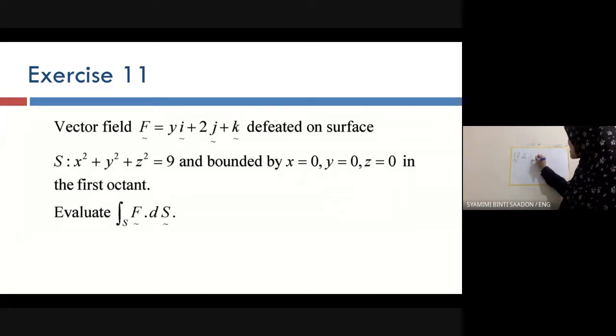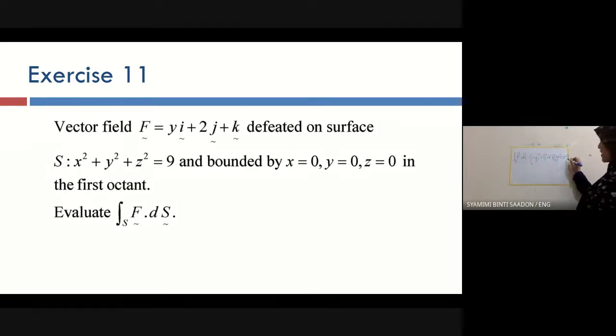So you have F just now, xy i plus 2y j plus z k, multiplied with the n that we have calculated, 1 over 3 times (x i plus y j plus z k), and then dS, don't forget dS at the end.